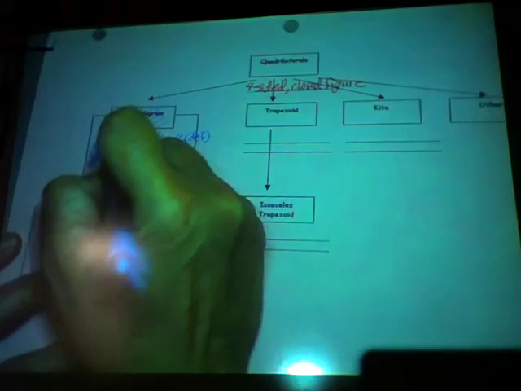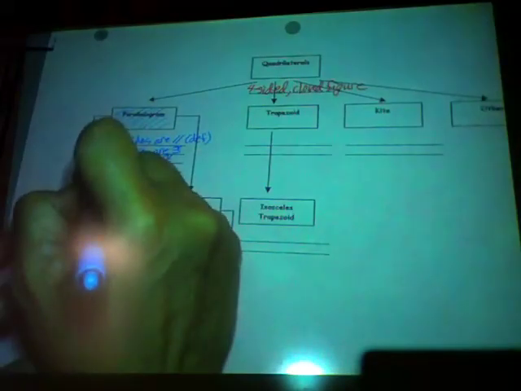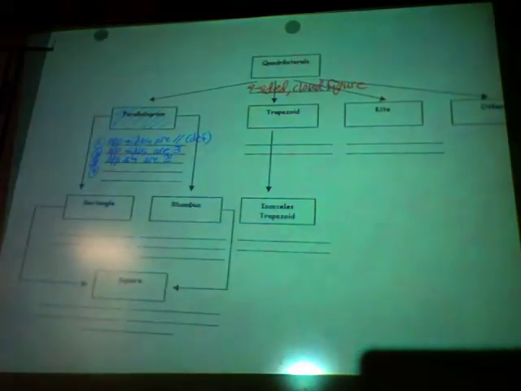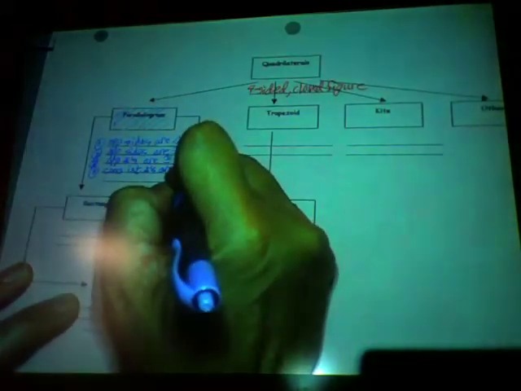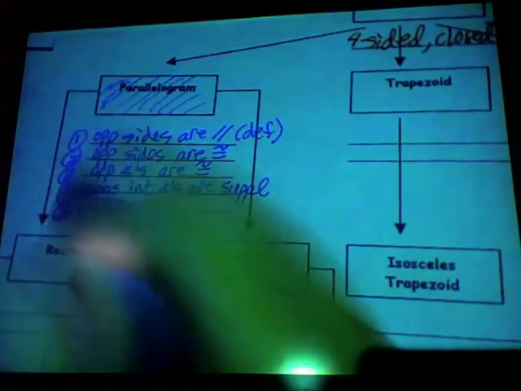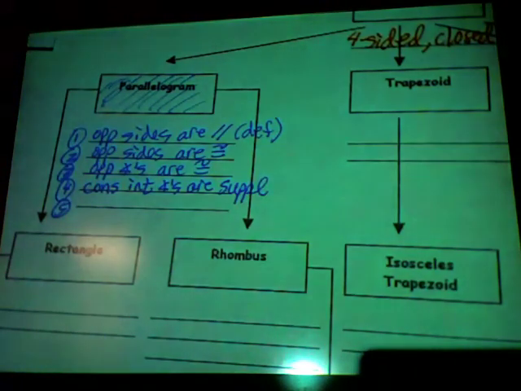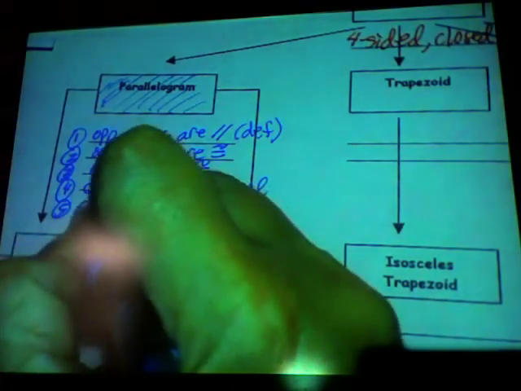Opposite angles are what? Are also congruent. And then 4, what did you learn about consecutive angles? Consecutive interior angles are what? Yeah, supplementary. Number 5. What else? What's the last thing? Something about diagonals. Diagonals bisect each other.